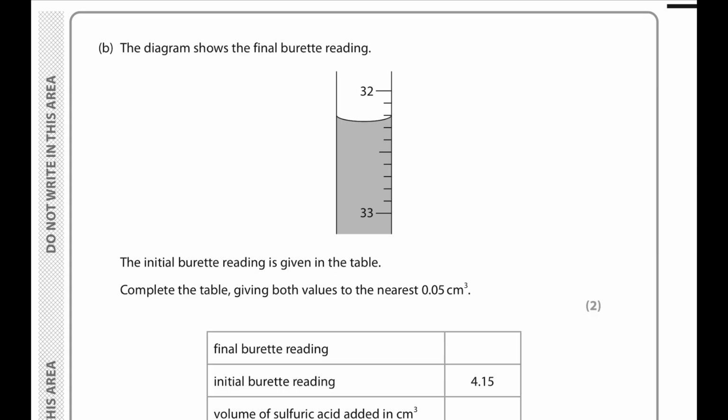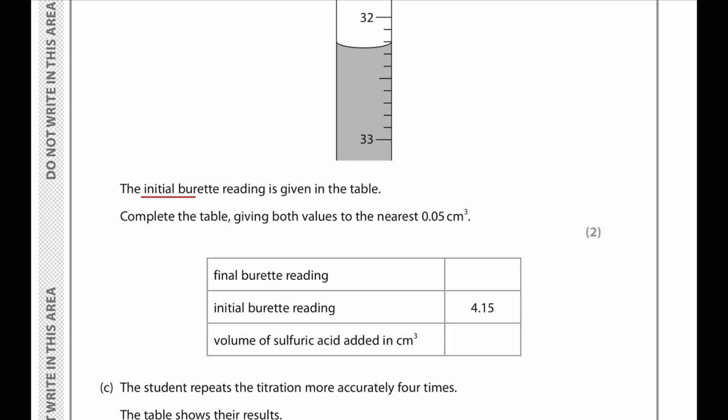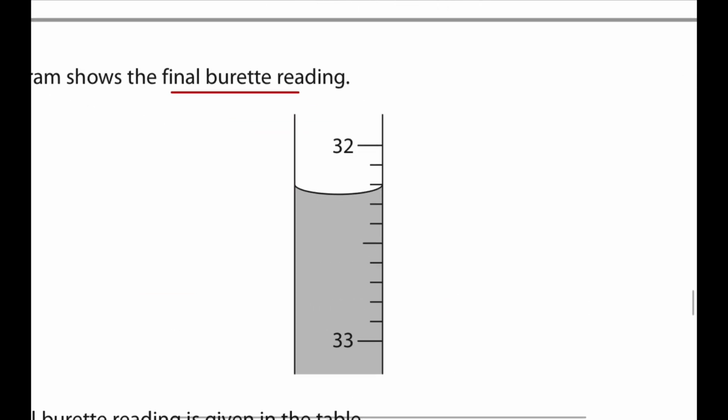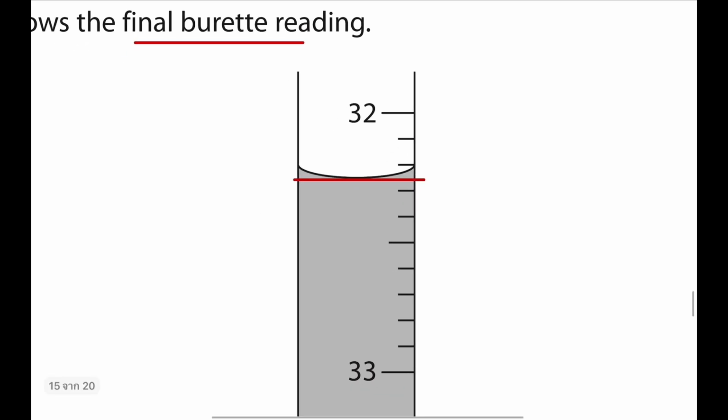Question B. The diagram shows the final burette reading. The initial burette reading is given in the table. Complete the table, giving both values to the nearest 0.05 cm³. So the final burette reading is around 32.1, 32.5, no, sorry, 32.25.